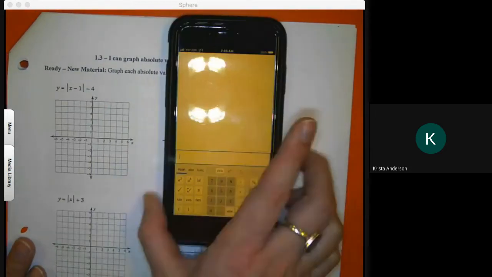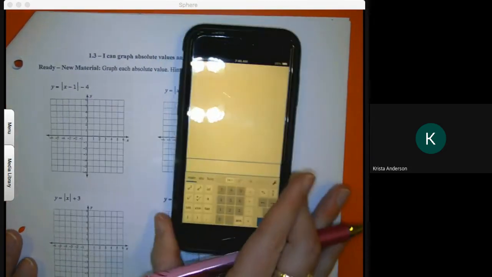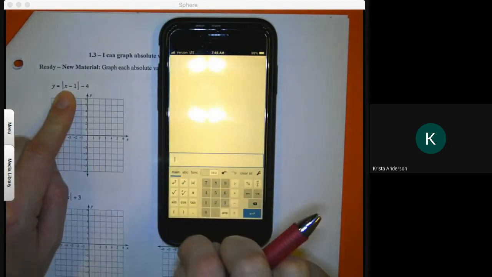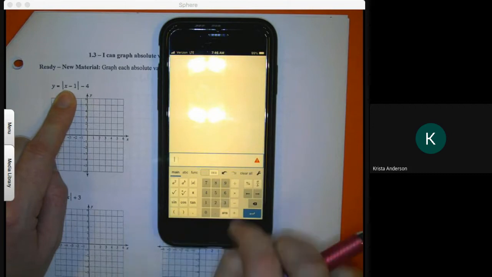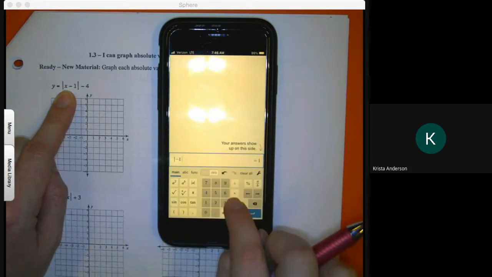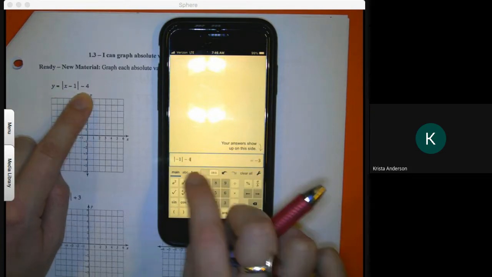For the first question, I have the absolute value. So I'm going to use my absolute value. And then I have an x minus 1 with a minus 4 on the outside.